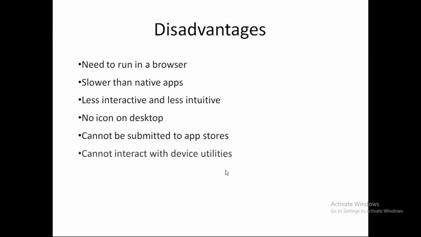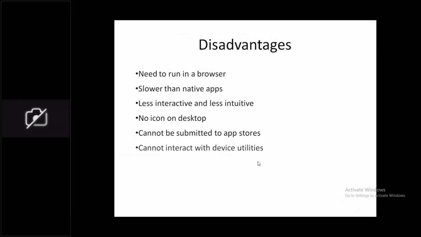Now, when you are installing any application on your mobile device, for example, on whichever platform you are running your mobile device, let's say Android, you go to the Play Store, search for your application, and install it. But that is a native application, or it could be a hybrid application. That is not a web application. It means you cannot find your web applications in your app stores. Understood?